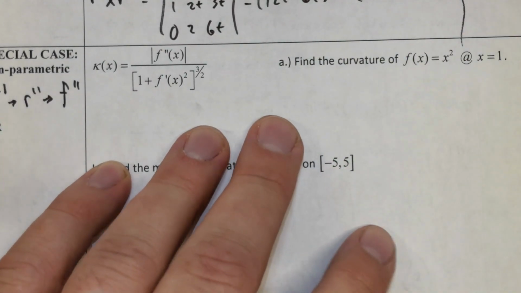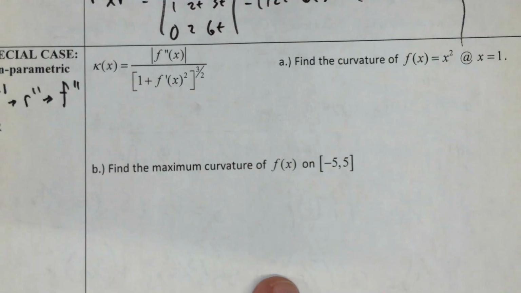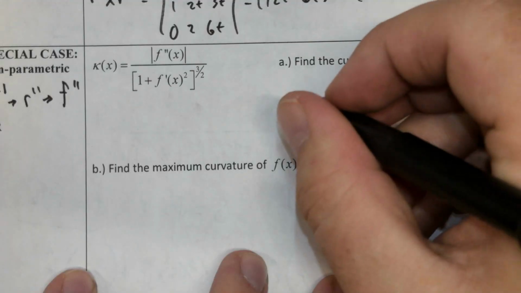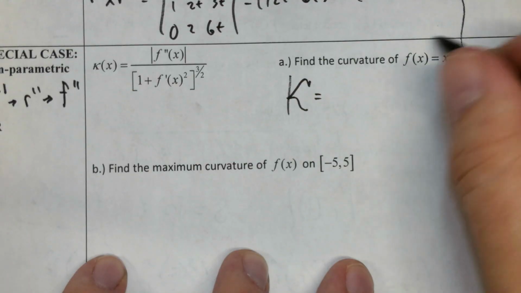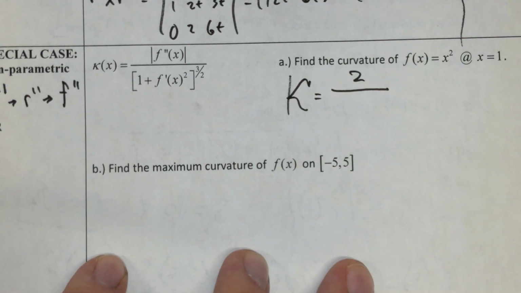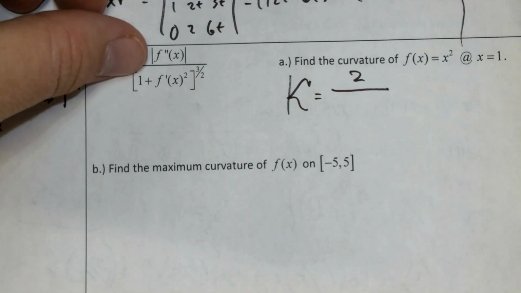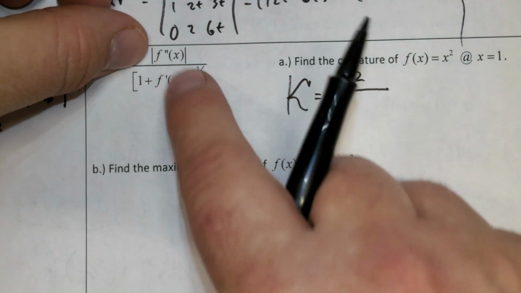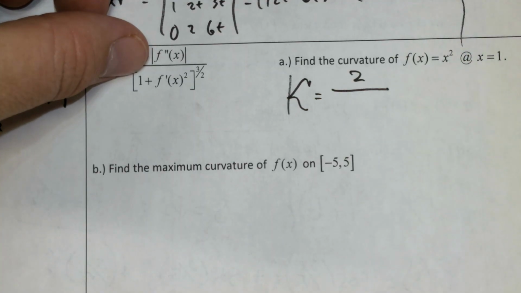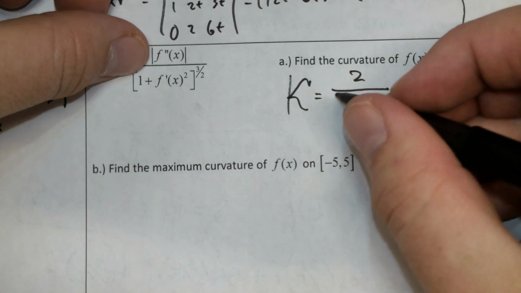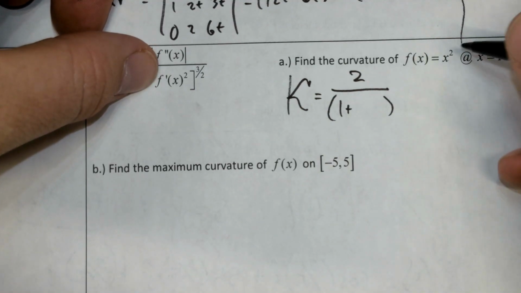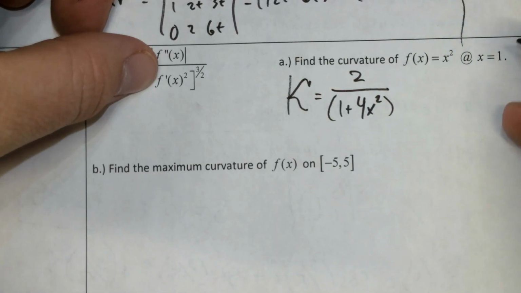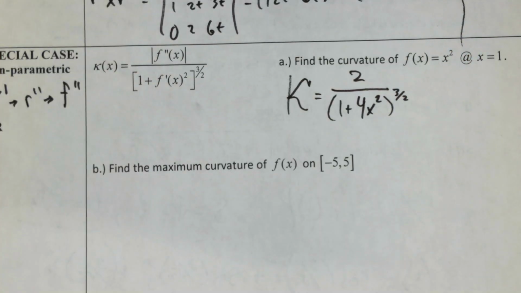Here we go. Find the curvature of a classic quadratic at x equals 1. So let's go get it. Get your fanciest k. A double derivative here just gives me 2. A curvature should always be positive. That's why you end up with all these things. And then here, I get 1 plus the first derivative, 2x squared, 4x squared, to the 3/2 power.